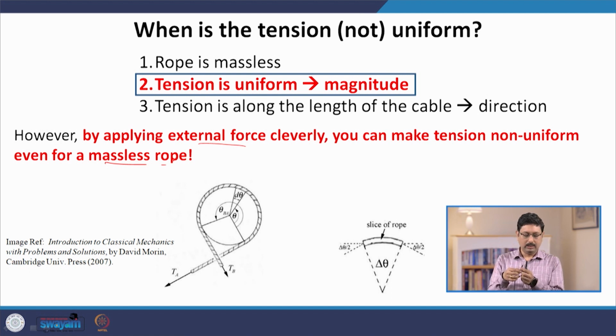Now, if you take the rope as your system, then this is an external force acting on the rope, and we shall analyze this problem in detail when we discuss friction.